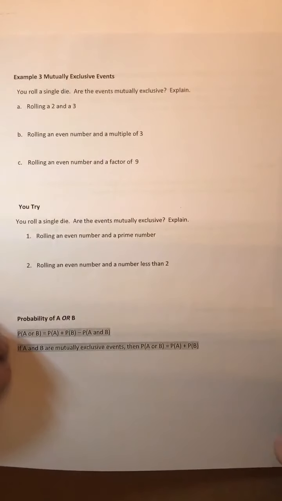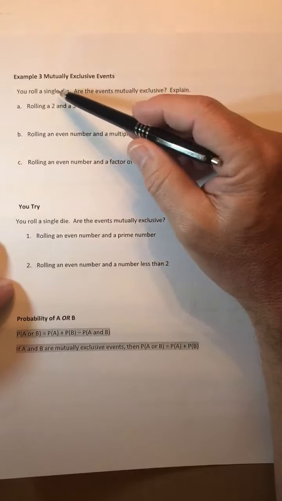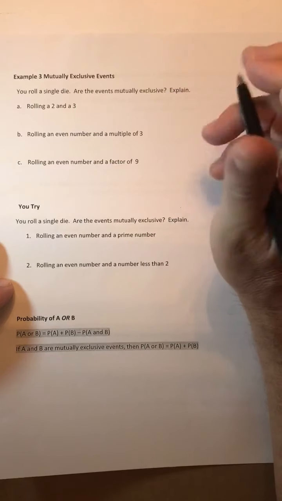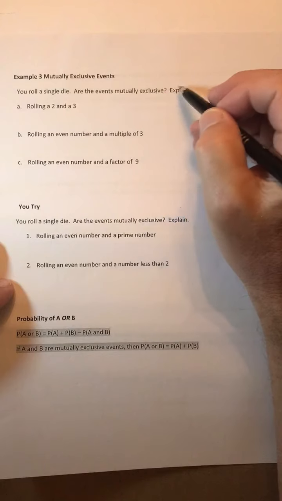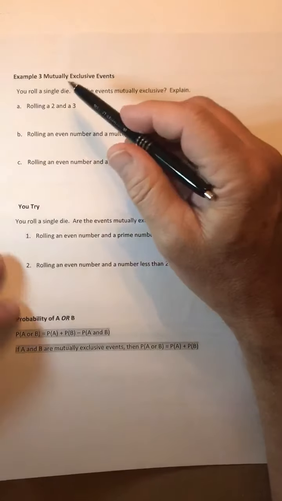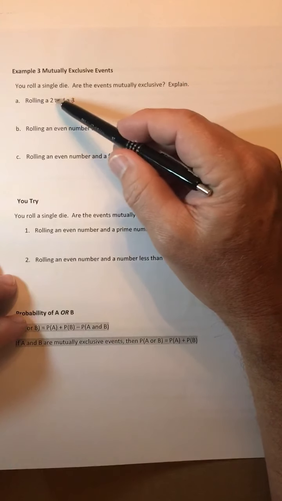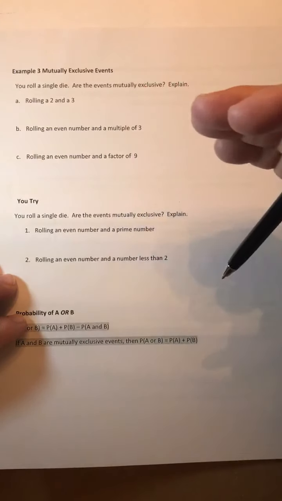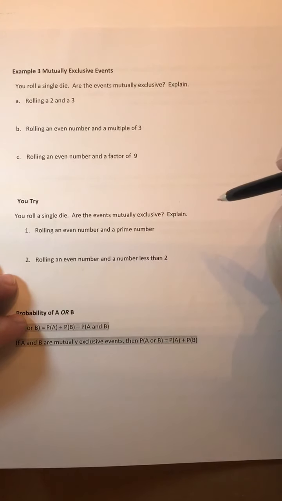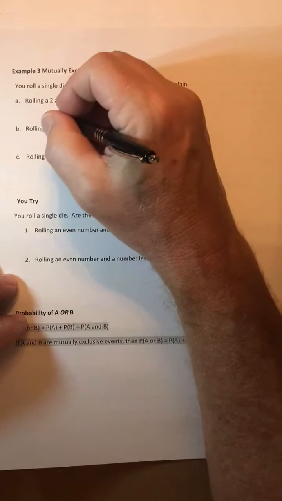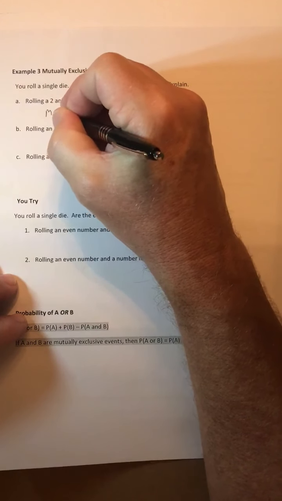Alright, so we're going to roll a single die. That's one die. Are the events mutually exclusive? Explain. Okay, rolling a 2 and a 3. So could we roll one die and get both a 2 and a 3? And the answer is no. You can't get a 2 and a 3 at the same time, so these are mutually exclusive.